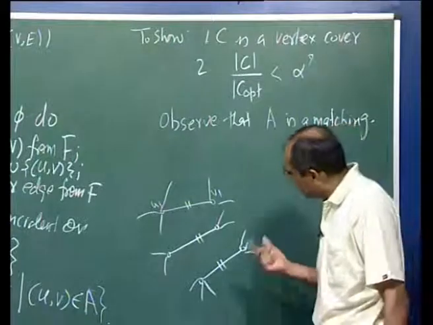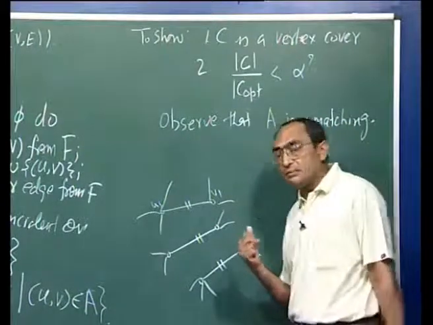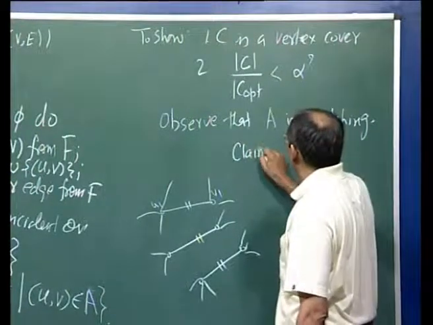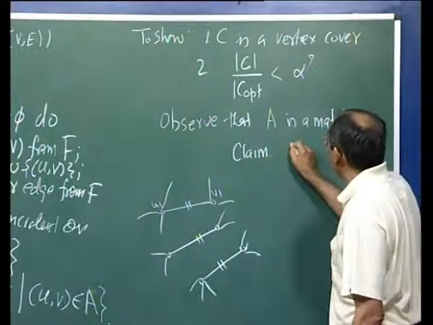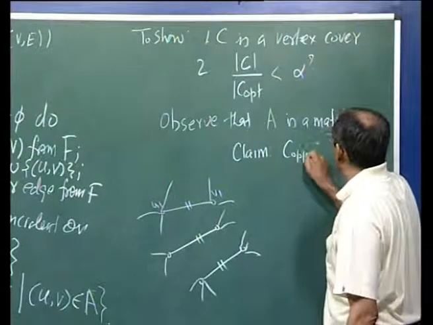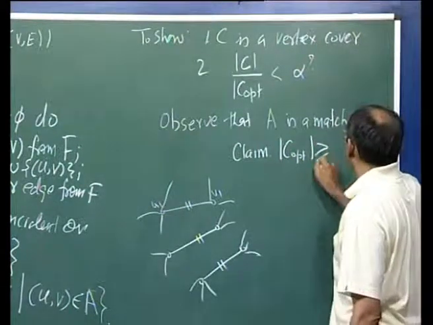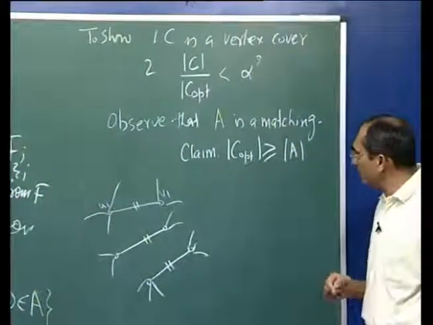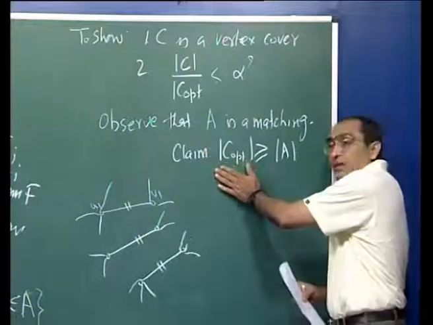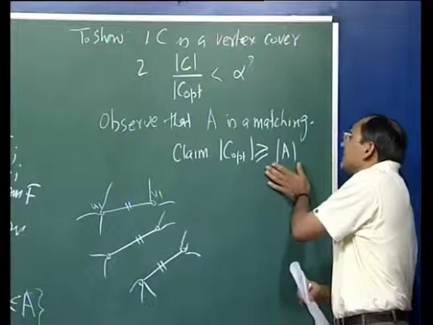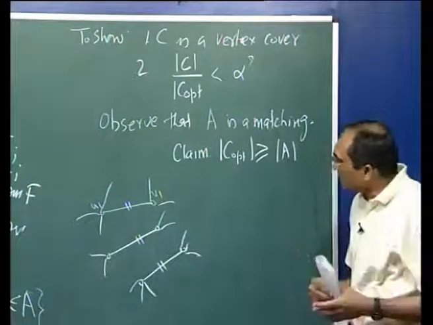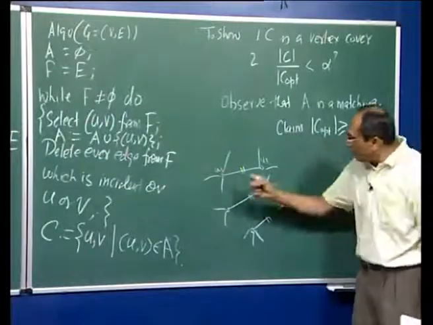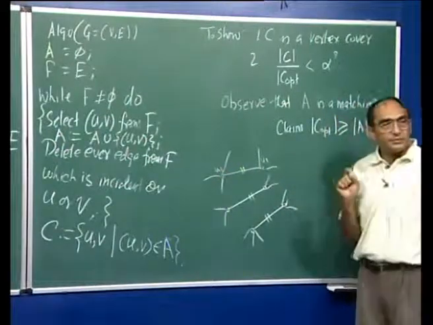Well, in that case, my claim is that the cardinality of C opt cannot be less than the cardinality of A. You cannot have any vertex cover with cardinality less than the cardinality of A. The reason is simple. Any vertex cover must pick at least one of these two vertices.